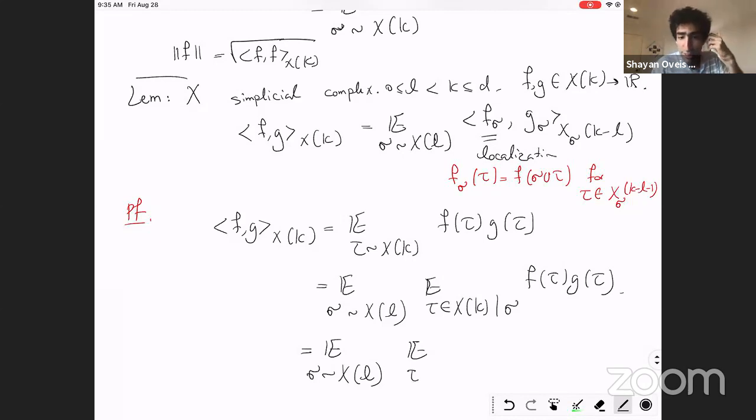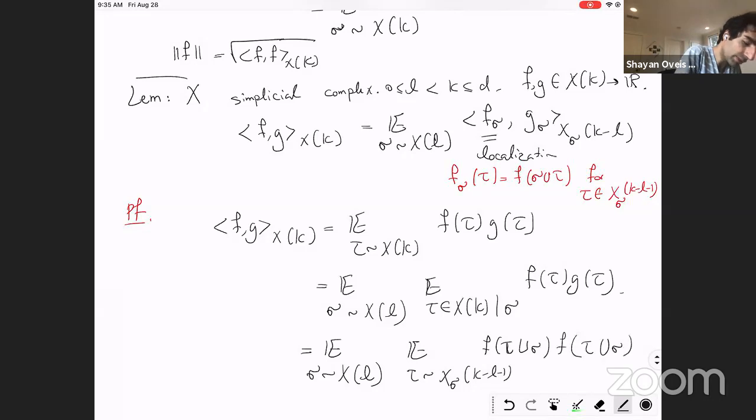We already have a notation for sampling tau conditioned on sigma: it means that you sample tau from the link of sigma. And then you look at f of tau union sigma, g of tau union sigma. Maybe actually, let me call this other one tau prime. So the tau I have in the second line is basically tau prime union sigma.